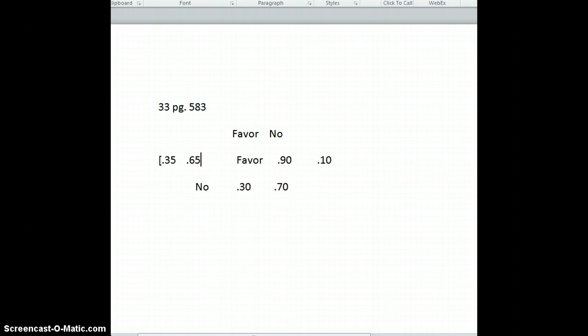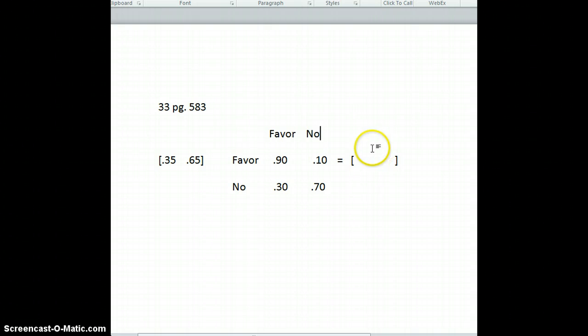What would that be? 65? All right, so let me rewrite this. This is where we are. Our current state is 35 in favor and 65 say no. And multiply that by the matrix, and the answer, whatever it equals, will be the answer to part B.